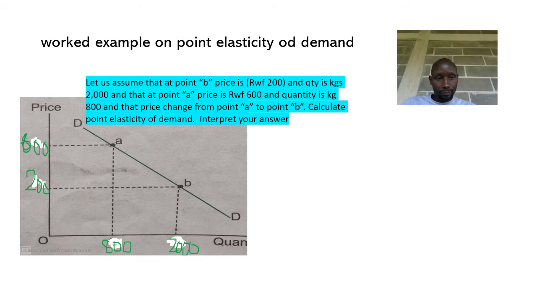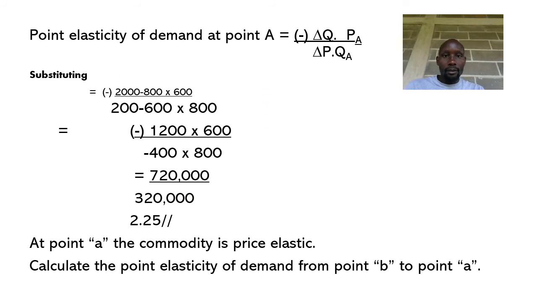If we take point A to correspond to price 600 and quantity 800, and point B to correspond to quantity 2,000 and price 200, you are going to calculate point elasticity at point A. Point elasticity of demand at point A will be given by percentage change in quantity demanded over percentage change in price.